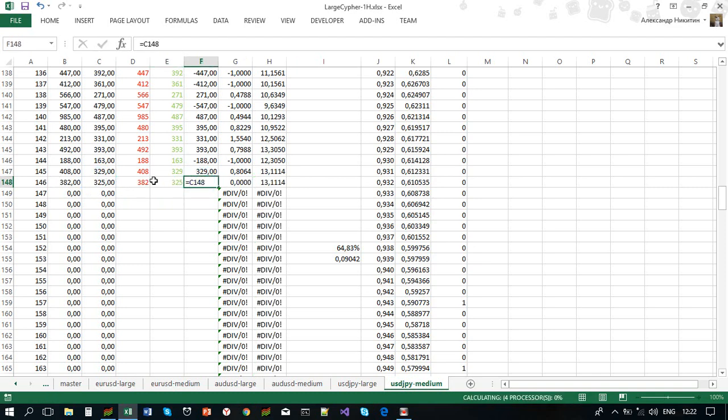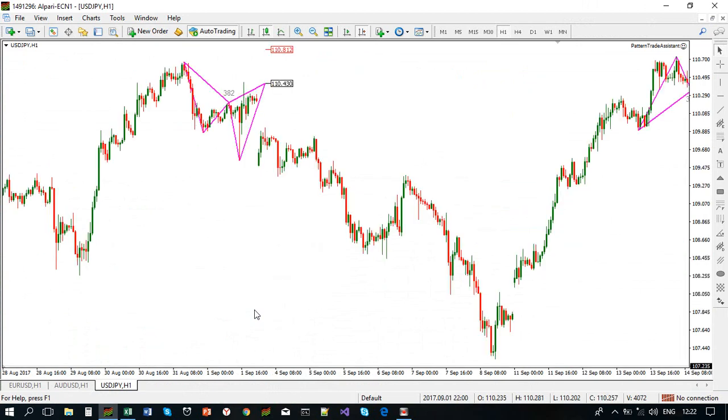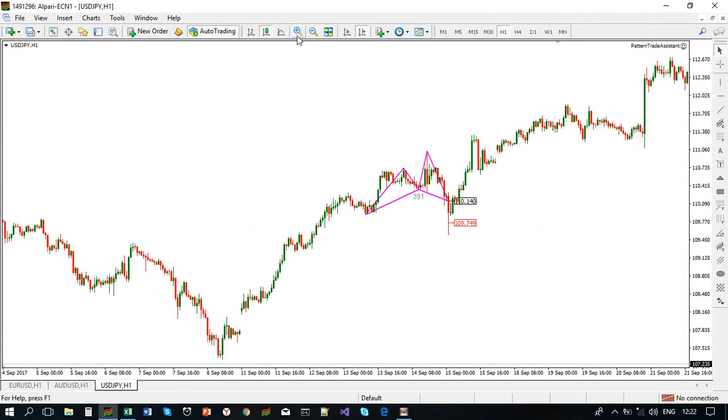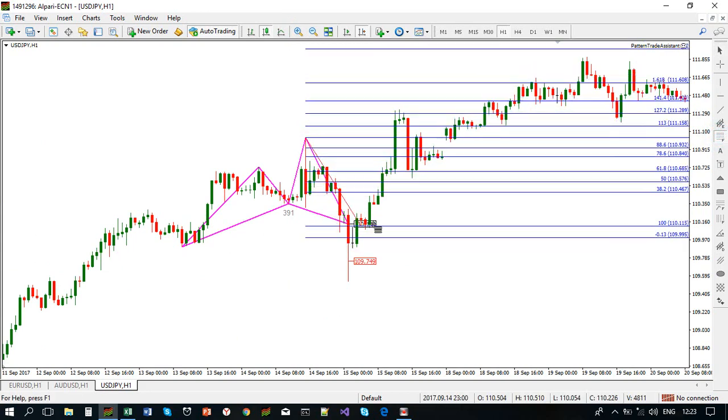This one is a winner. Targets are always lower than stop loss within the cipher pattern framework, so there can be no situation when it is larger.